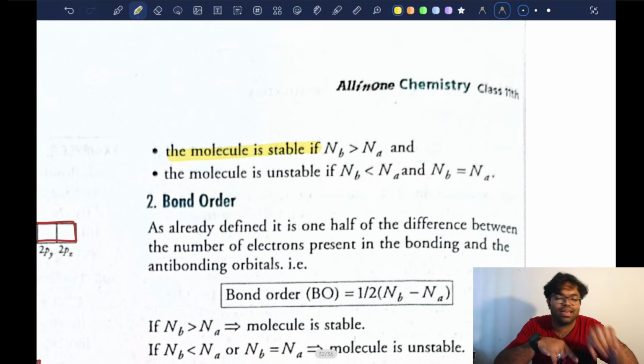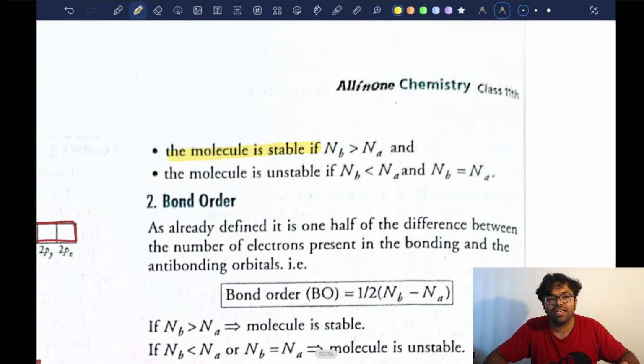So more friends, fewer enemies always results in stability. More electrons in the bonding molecular orbital compared to the anti-bonding molecular orbital, and the molecule remains stable. But if you flip it, or make it equal, then the molecule will become unstable.